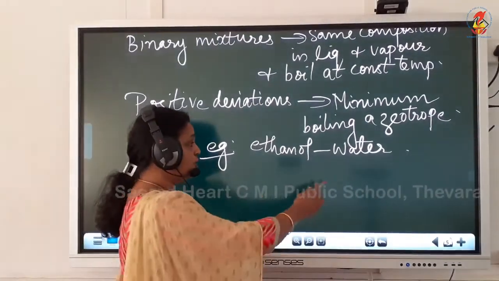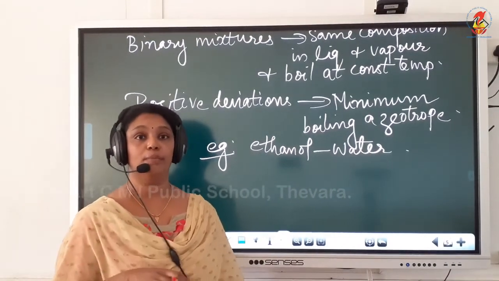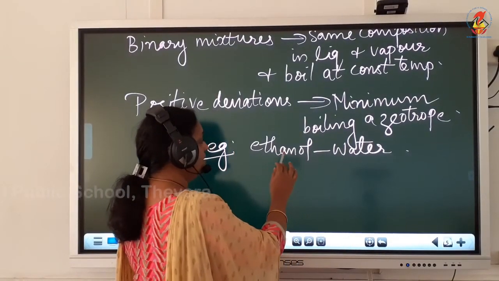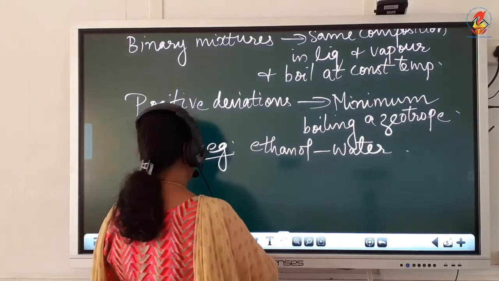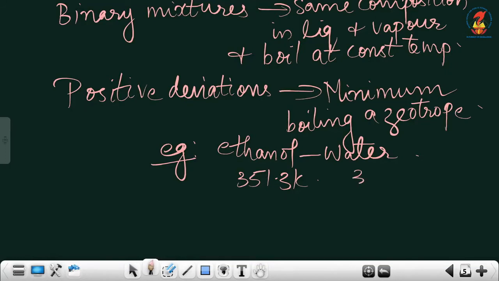It means the mixture will boil at a temperature below the boiling point of the individual components. Suppose the boiling point of ethanol is 351.3 Kelvin and the boiling point of water is 373 Kelvin. Now when they form an azeotropic composition, they will boil at a common temperature, and that common temperature is 351.15 Kelvin.